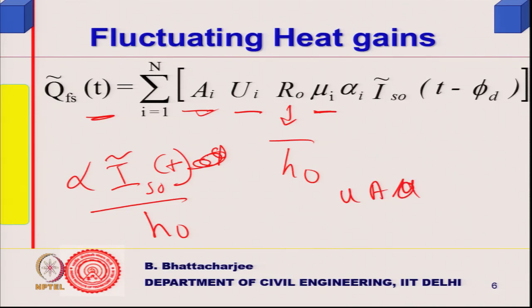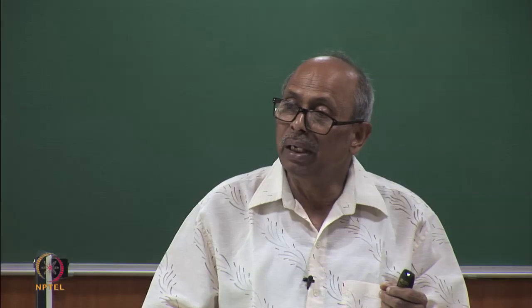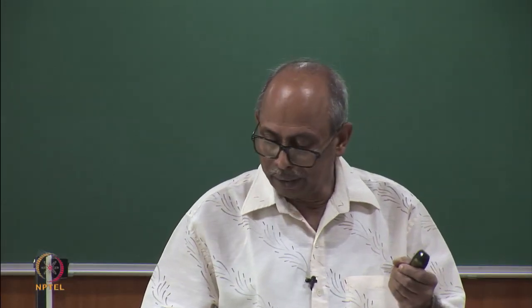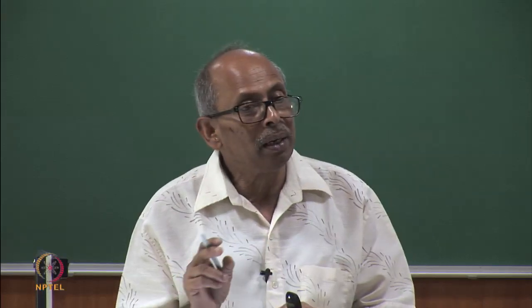Mu is U swing divided by U. So, mu U is nothing but U swing, the ratio of fluctuating heat coming in by outside temperature, for unit temperature, right.